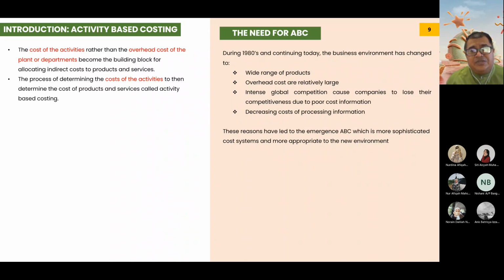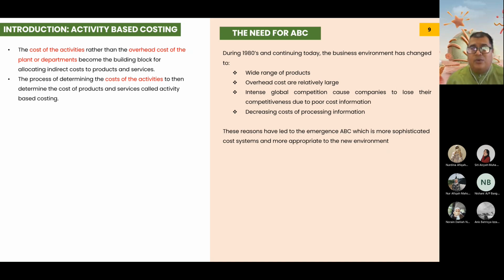Why we need to change? Because there are a wide range of product that a company offer. For example, macam kita DRB Highcom, especially Proton, Honda. Honda is under DRB Highcom juga, tapi not directly. Honda, dia ada wide range of product.